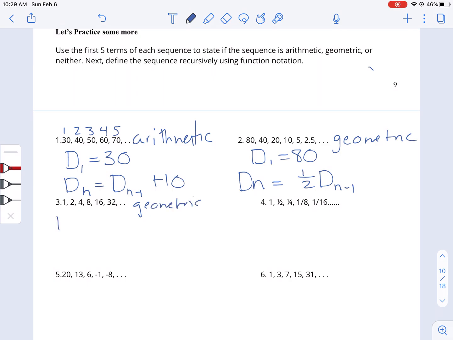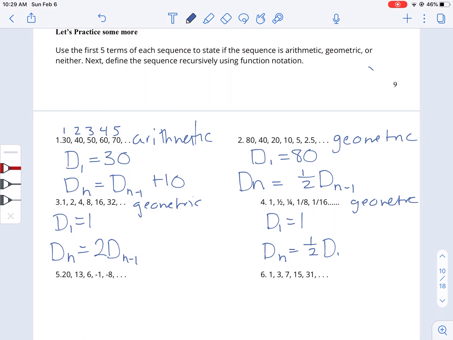So again, we write that our first term is 1, and to get any term, we double our previous term. Half a fourth is 16, so that again is cutting in half, so it's geometric. So we say our first term is 1. To get any term, it's half our previous term.